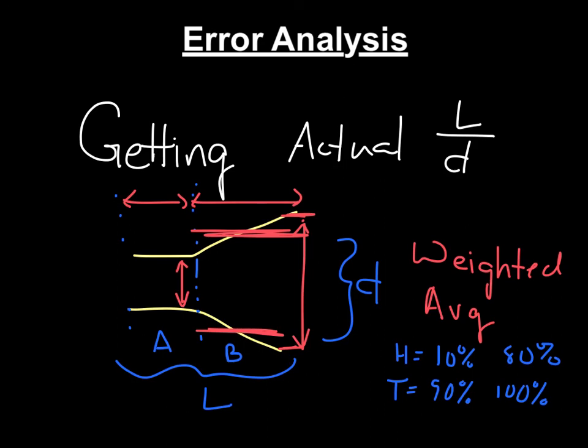Well, how would you calculate your grade? You would multiply these two and then add them together. So this would be 0.9 times 100% and 0.1 times 80%, and you would come up with your final grade, which is another weighted average of just 90.